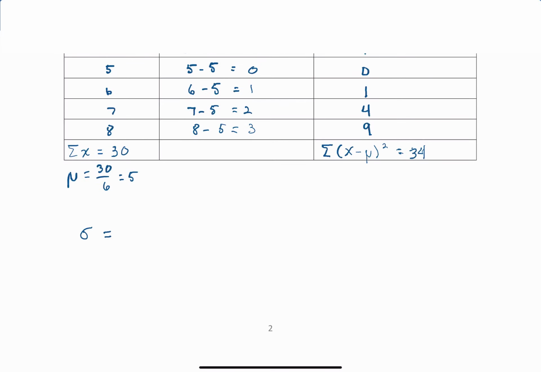So our standard deviation for the population, again, we're using the formula sum of the x minus mu squareds over n, and then we take the square root.